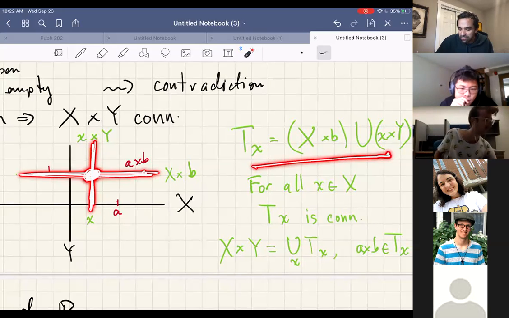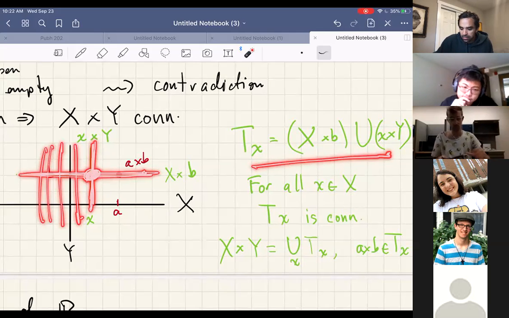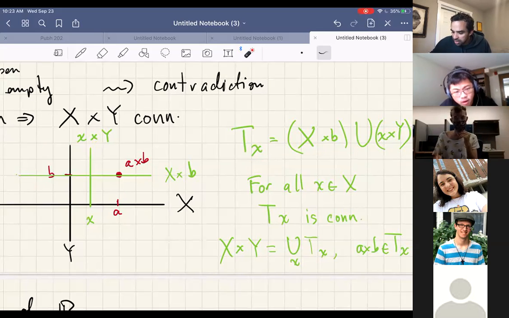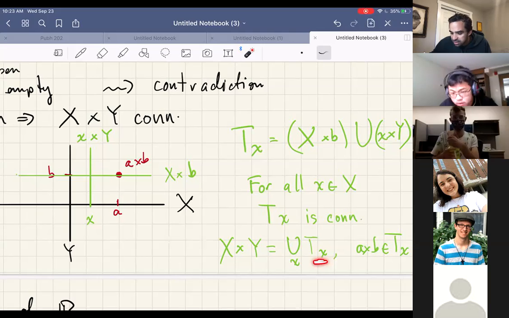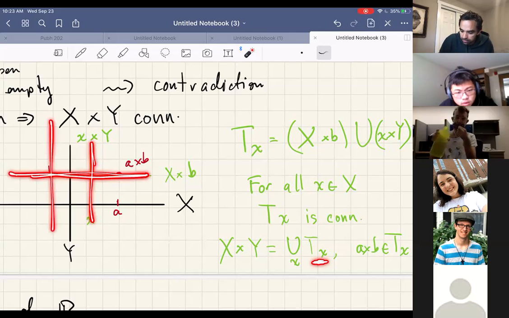But now as I vary x, I cover the whole space. So I have written X cross Y as the union of connected spaces, and each of these connected spaces has a point in common. For example, this cross has a point in common with this cross.